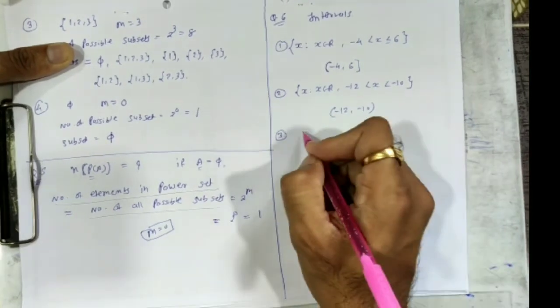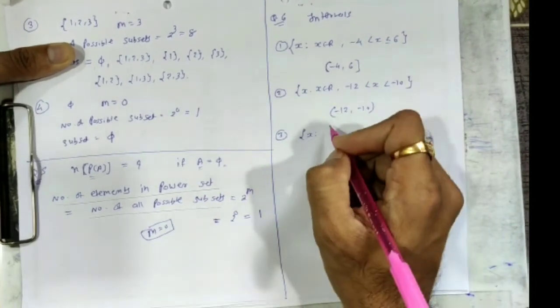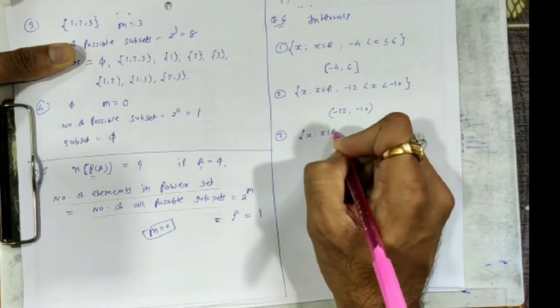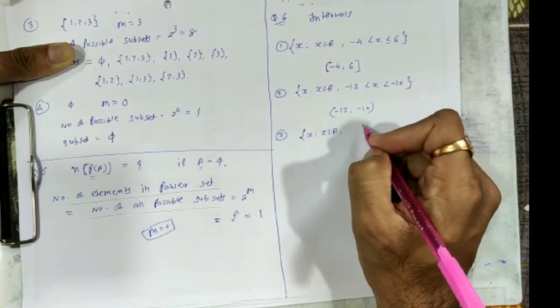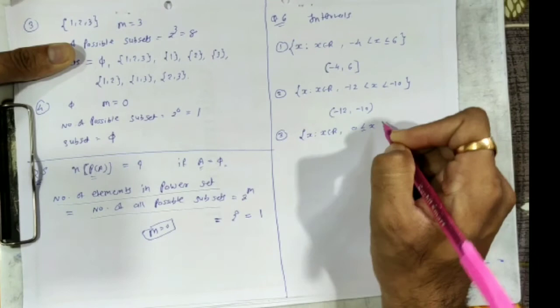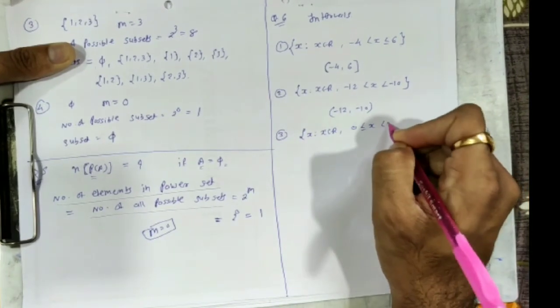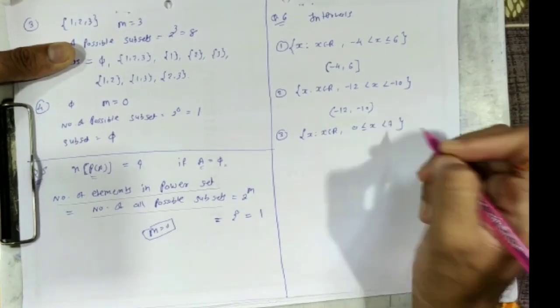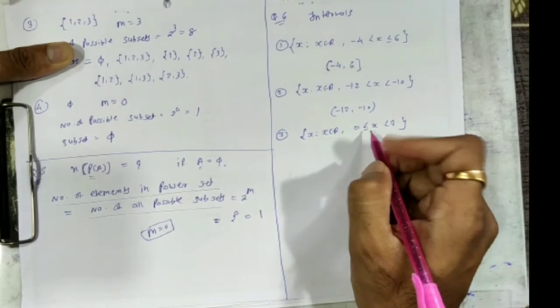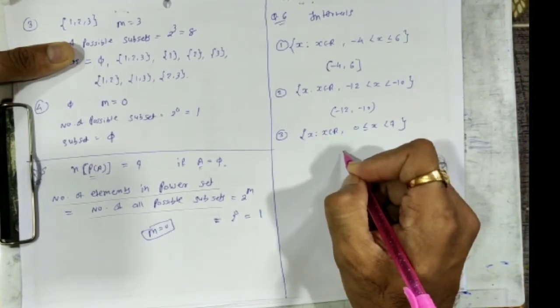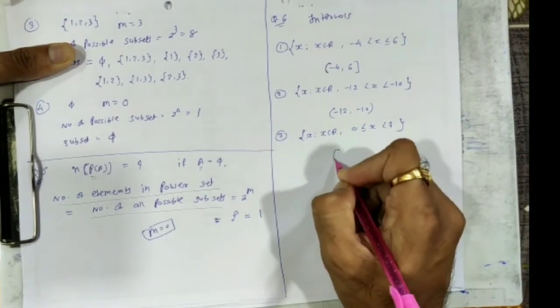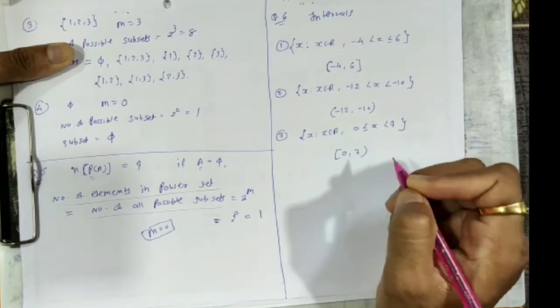Third one, x where x belongs to R, 0 less than or equal to x less than 7. 0 is included, 7 excluded. Sorry, so it's a 0 7.